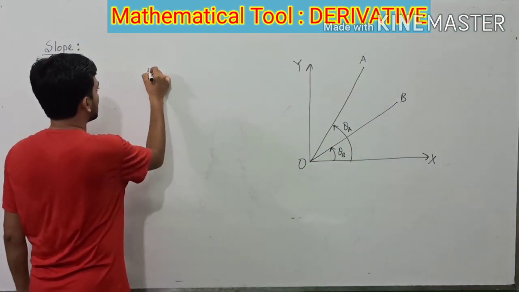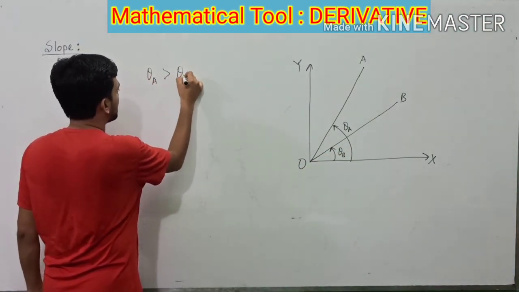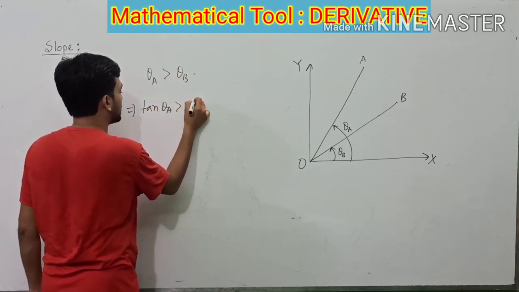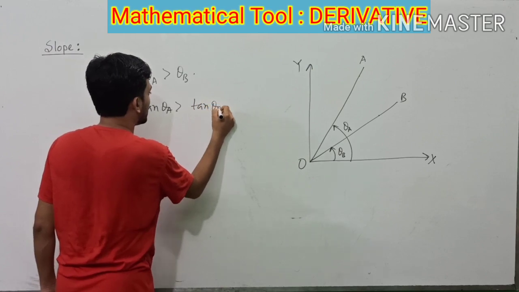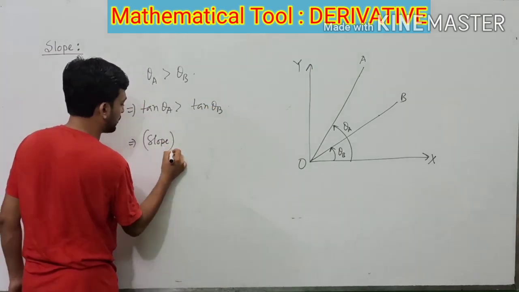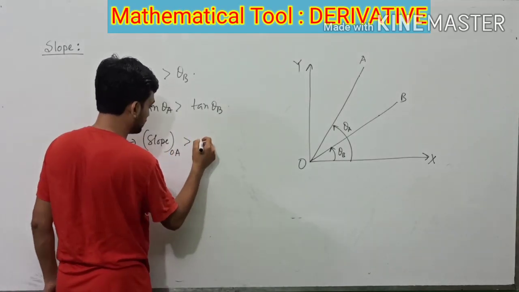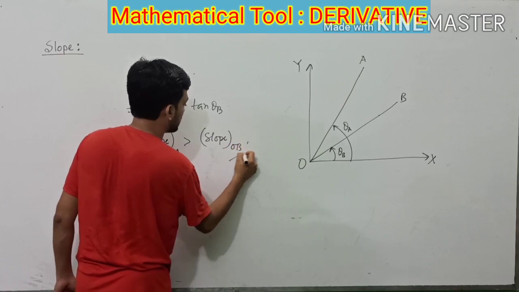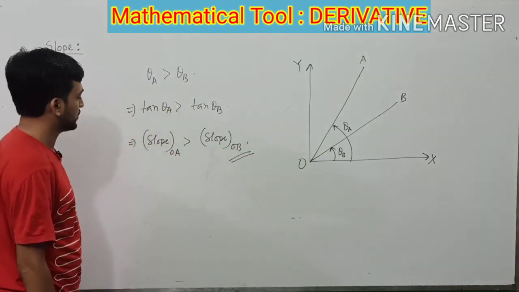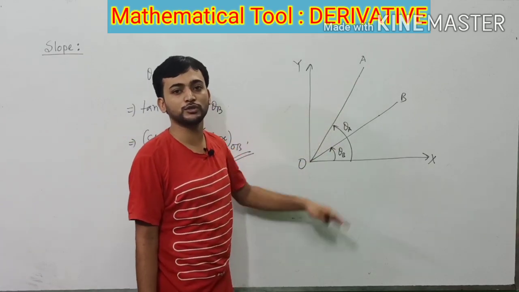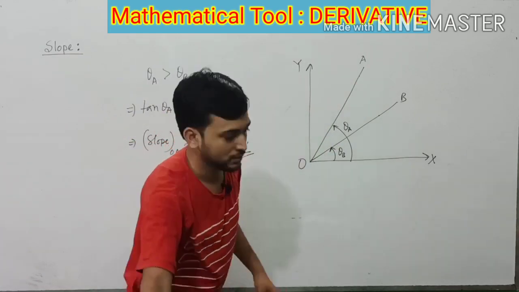Here we see that theta A is greater than theta B, so tan theta A is greater than tan theta B, which implies slope of the straight line OA is greater than slope of the straight line OB. If the slope is more, then the straight line will be more steep. You have to remember this.